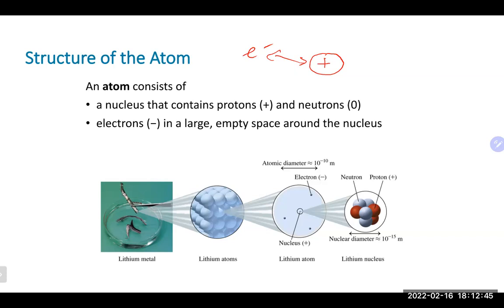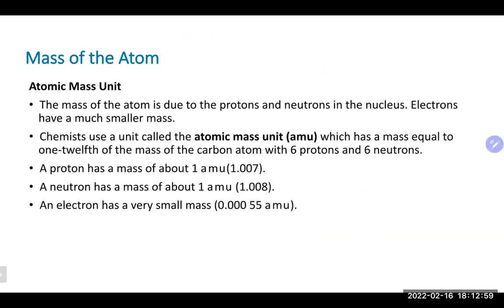That's also why some electrons can leave, and those are the ones furthest away from the nucleus. They're not held as tightly as the ones closer to the nucleus. That's an important aspect of why, as we'll talk about in other chapters, only certain electrons are involved in things like bonding.